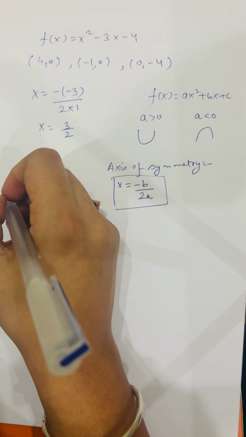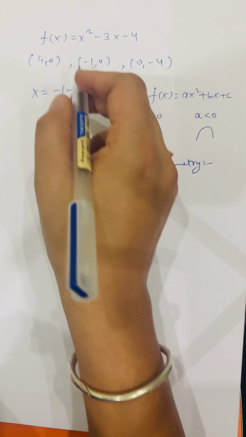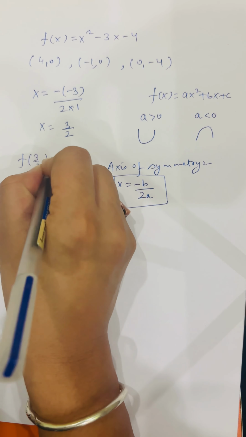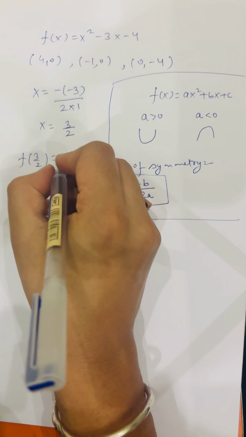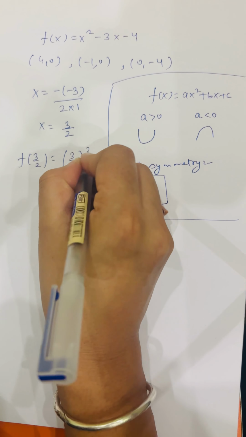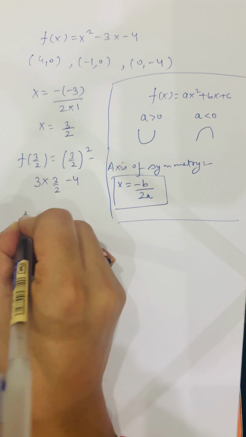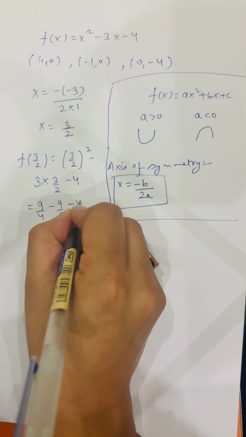Now how can I find the y value for this? We just need to substitute this x in the equation of the function. So we are required to find f of 3 by 2. Let's substitute 3 by 2. It becomes 3 by 2 whole square minus 3 times 3 by 2 minus 4. So it becomes 9 by 4 minus 9 by 2 minus 4.